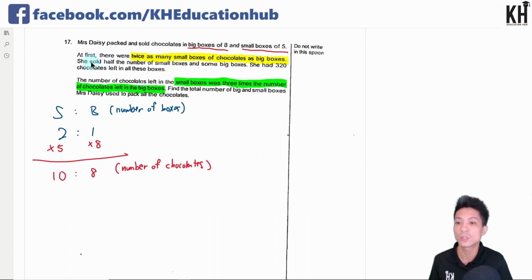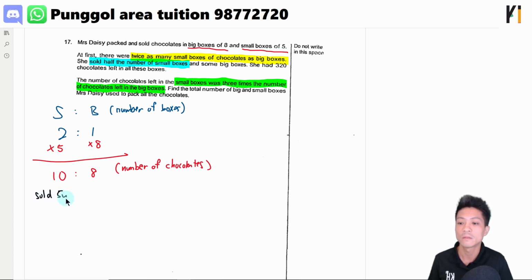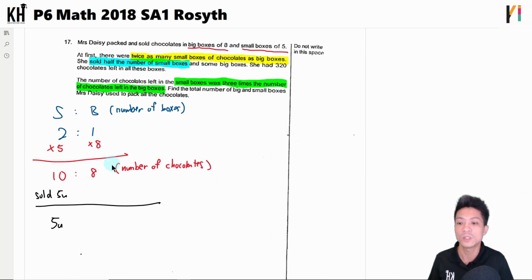She sold half the number of small boxes and some big boxes, which means she sold 5 units, so she will be left with 5 units for the small. And she sold some big boxes, but because this is the number of boxes, I'm not so sure what the number is over here. I'm going to leave it alone, but I have another clue over here.